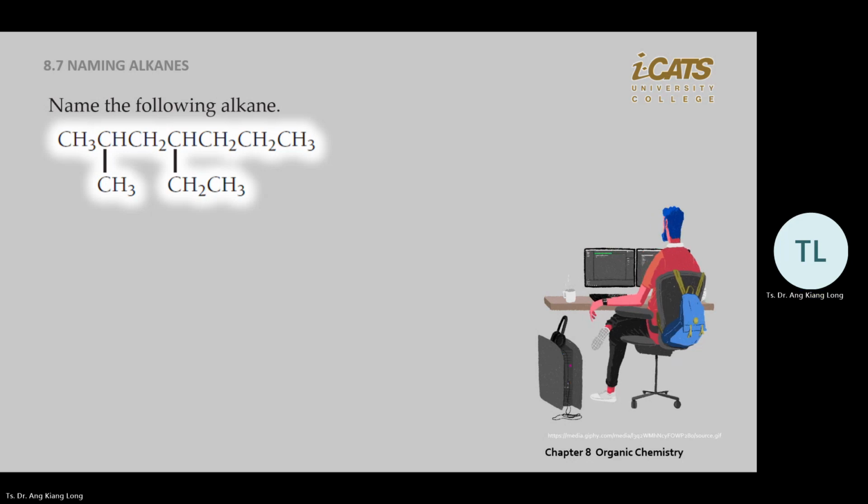How many? 1, 2, 3, 4, 5, 6, 7. 7 is what? According to the table, 7 is what? Hep. Okay, hep. Then ignore the branch first. And then count how many carbon in this structure and how many hydrogen you have.